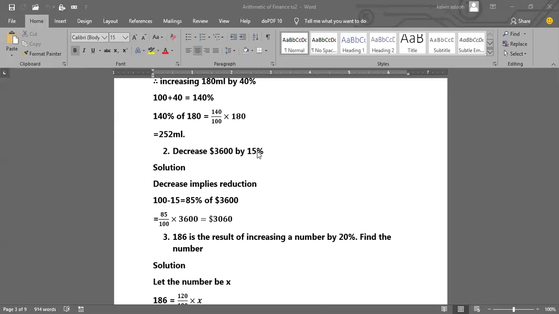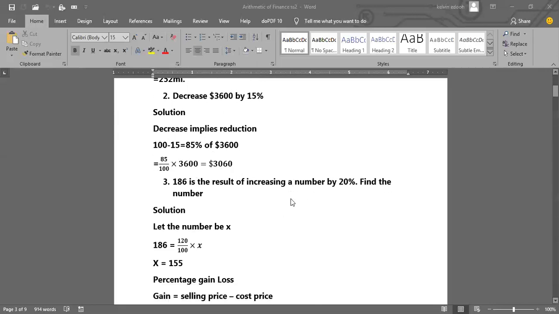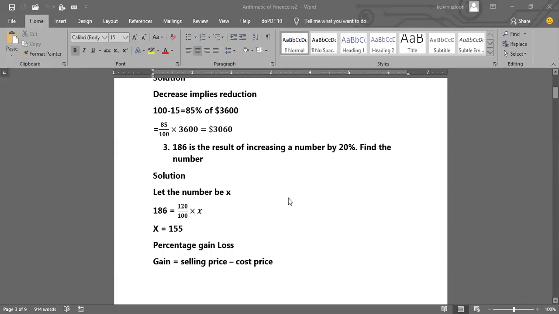So subtract 15% from 100%, and that gives us 85%. So we calculate 85% of 3,600. If you do that, we have 3,060.